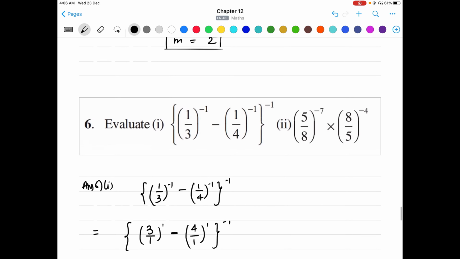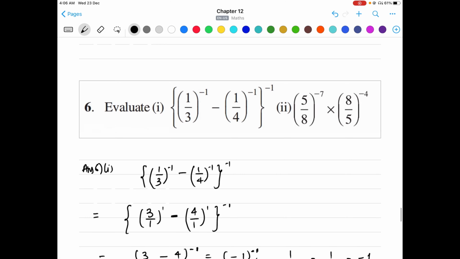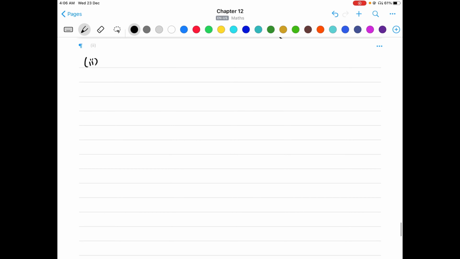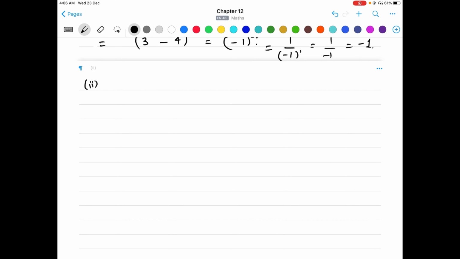Moving ahead to the next one, second part. Here we have 5 by 8 power minus 7 into 8 by 5 power minus 4.